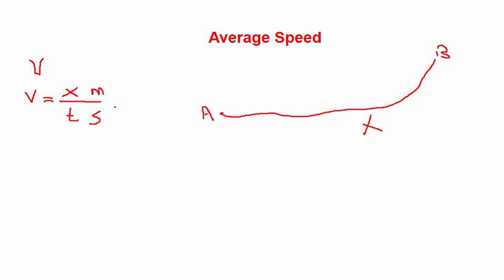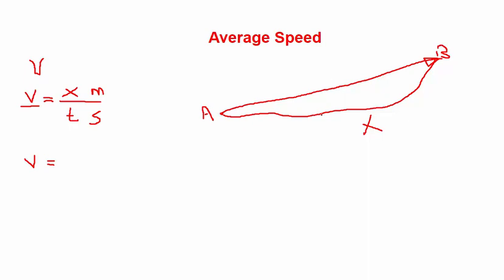Now, what is the distinction between average speed v and average velocity v? Well, the distinction is average velocity is a measure of the rate of displacement. Now, the shortest distance from A to B is called the displacement of the object.